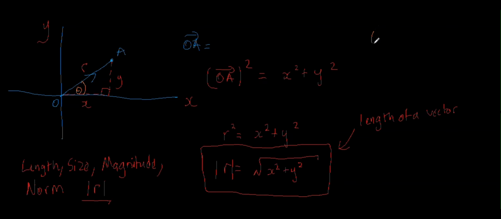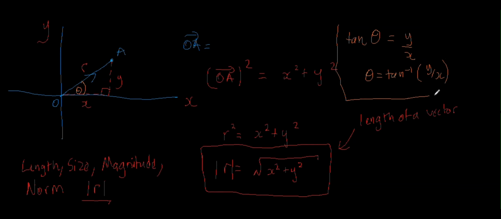So tan theta is equal to opposite all over adjacent, y all over x, and theta is equal to the tan inverse of y on x. So this gives you the angle of a vector, or the orientation a vector has.